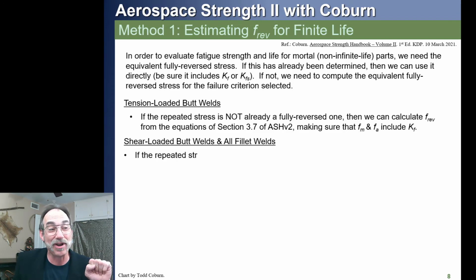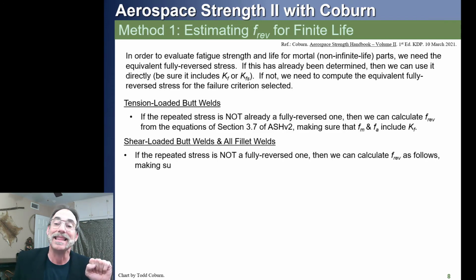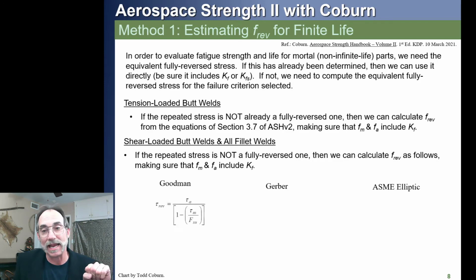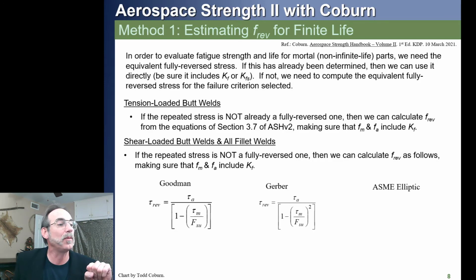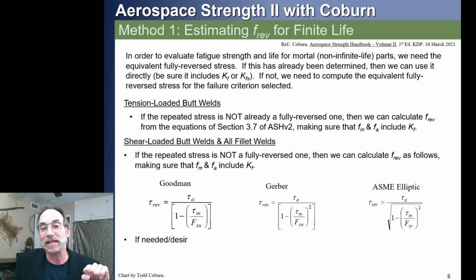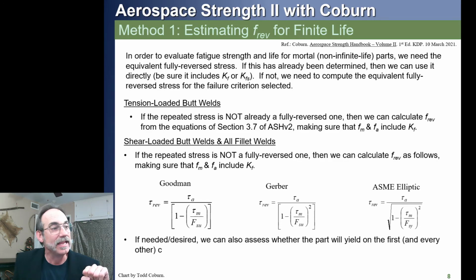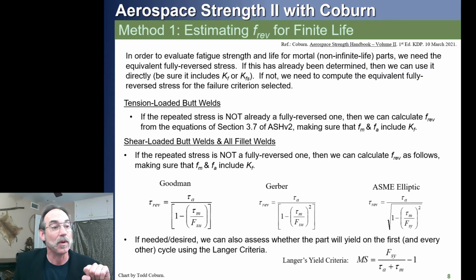If we have a shear-loaded butt weld or a fillet weld, then we will use these equations here for Gerber, Goodman, and ASME elliptic, which basically will convert the mean and alternating stresses that we have computed into equivalent fully reversed stress values. Now, once again, those mean and alternating stresses already include our stress concentration factor.